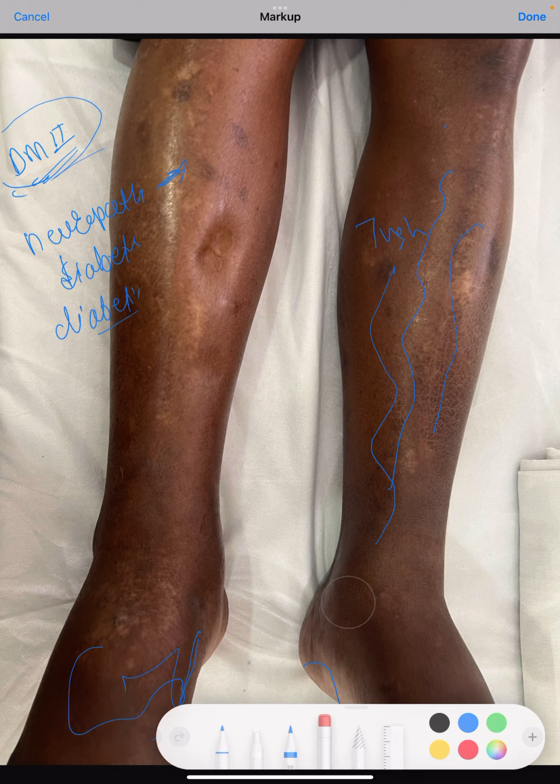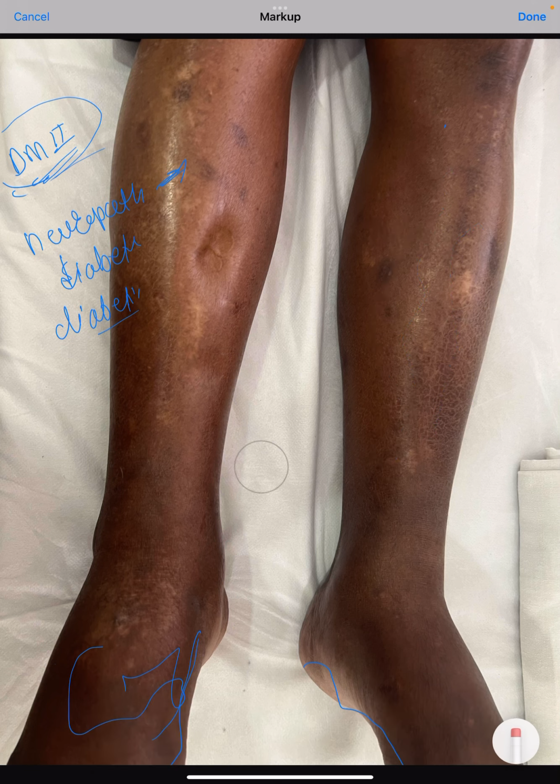Because of neuropathy, because of the damaged nerves, there will be poor autoregulation of the skin of the lower limb. So what you can find is dry skin. See here, this is all dry skin. You can see the small box-like patterns which are formed. See the pigmentation, see the patches.